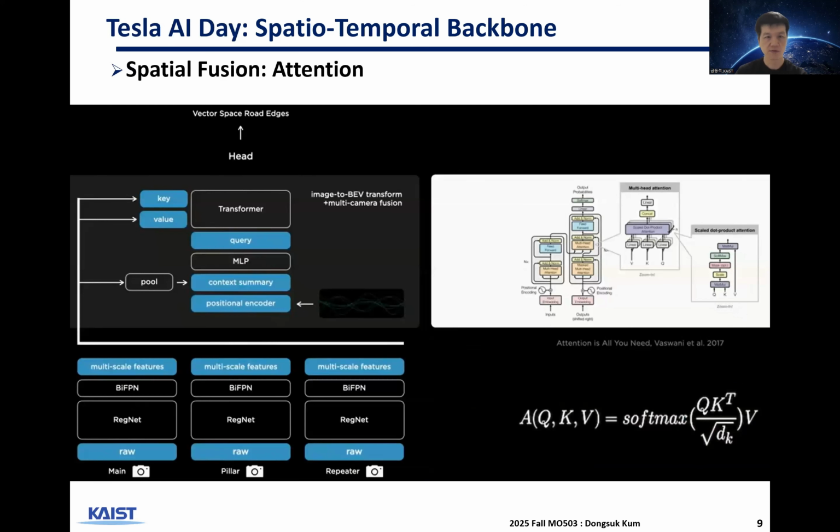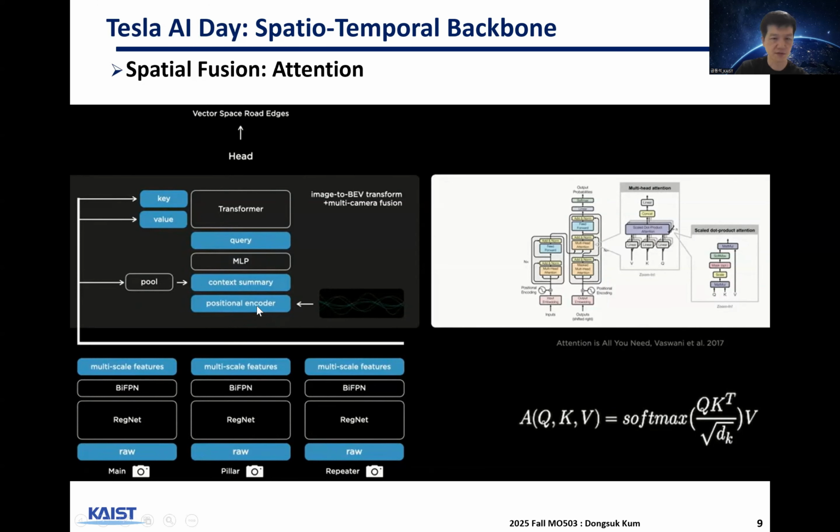And then it goes through spatial fusion, which uses attention. This is very similar to BEV, but it just uses a probably larger model with this bidirectional feature pyramid network, multi-scale features.